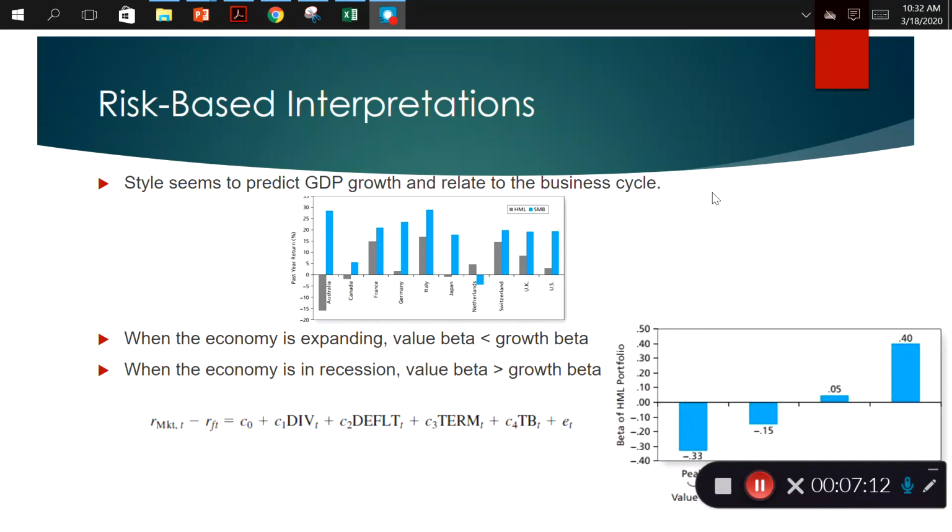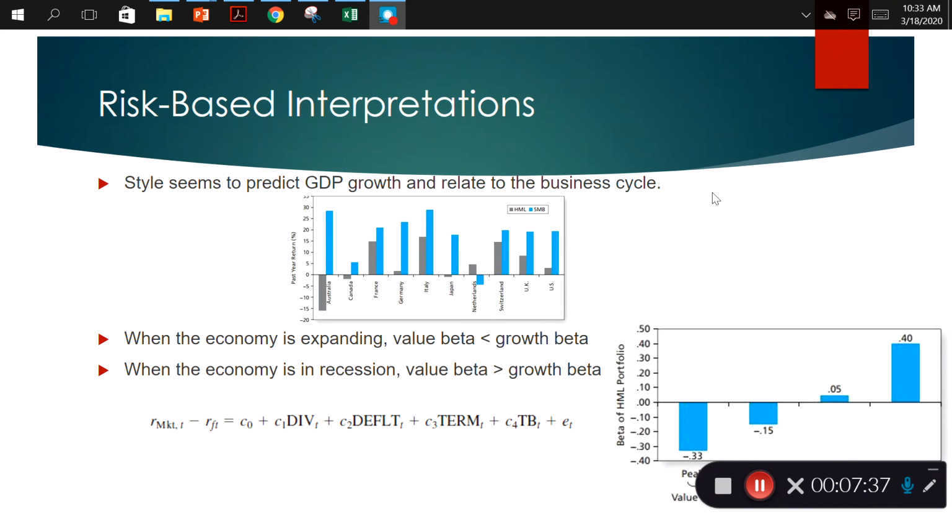Positive values mean the portfolio performs better in years prior to good macroeconomic performance, and the predominance of positive values leads them to conclude that the returns on the HML and SMB are positively related to future growth of the macroeconomy, and maybe proxies for the business cycle. So you're all familiar with the business cycle from your macro classes or your econ classes.